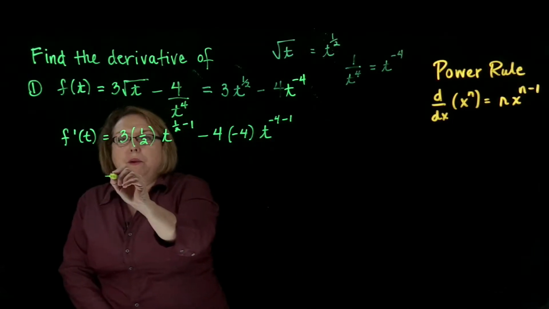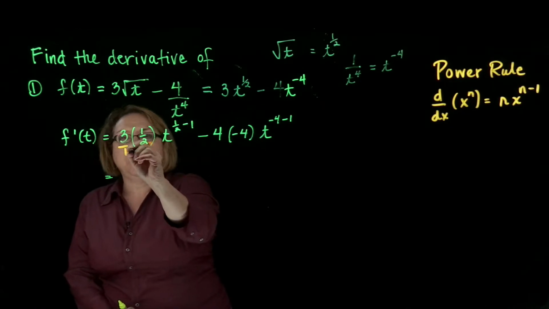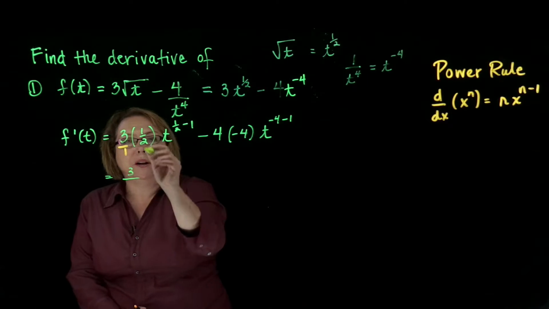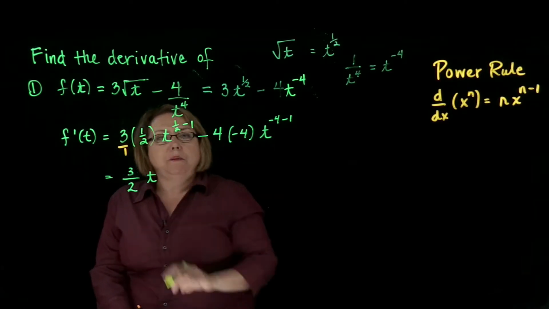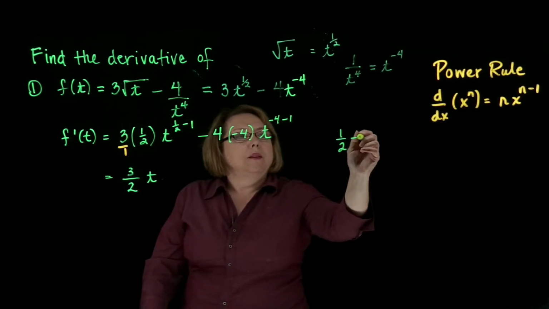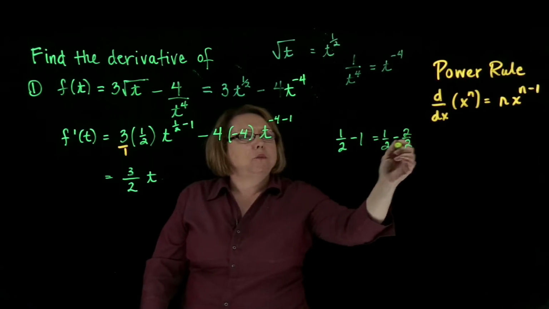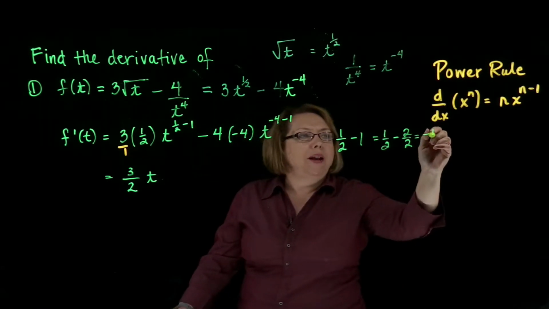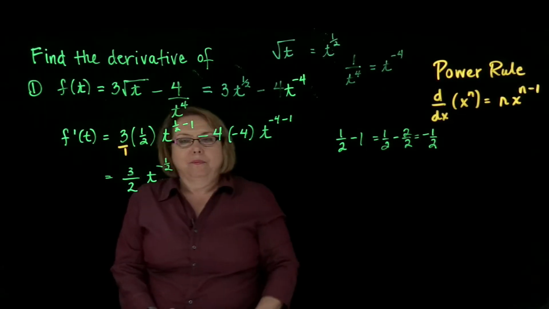Let's simplify a little bit. 3 times 1/2, you could think of this 3 as 3 over 1. So we can just multiply across. 3 times 1 is 3. 1 times 2 is 2. And then we'll have times t. 1/2 minus 1 is the same thing as 1/2 minus 2/2, because 1 can be expressed as 2 over 2, which would be a negative 1/2, which will be our exponent here, or our power.